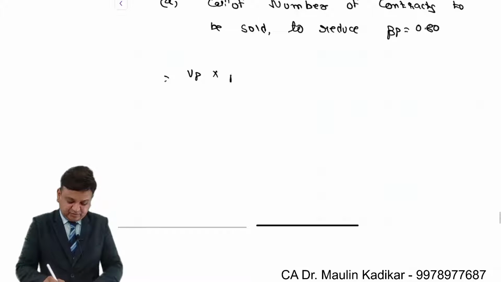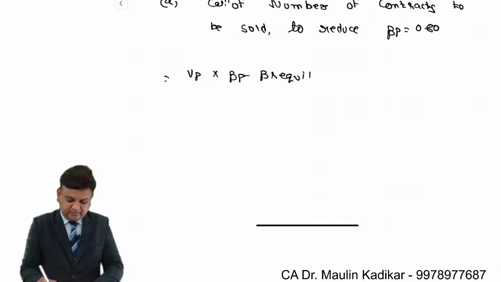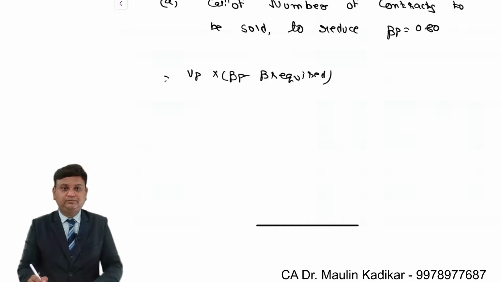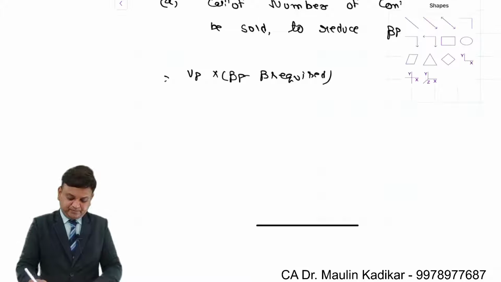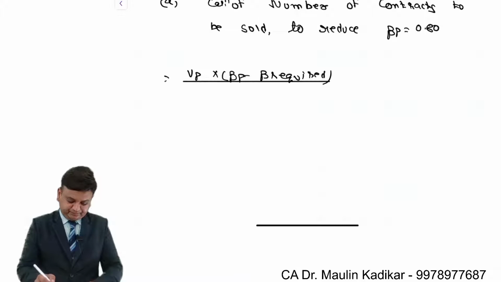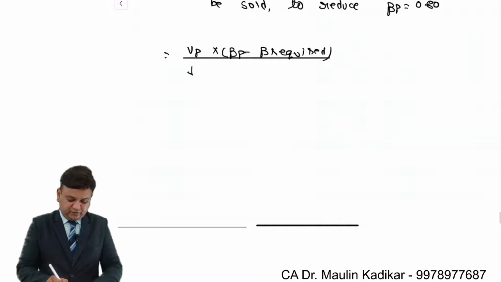It is value of the portfolio into beta of portfolio minus beta required. This is the equation, divided by futures index value into lot size.